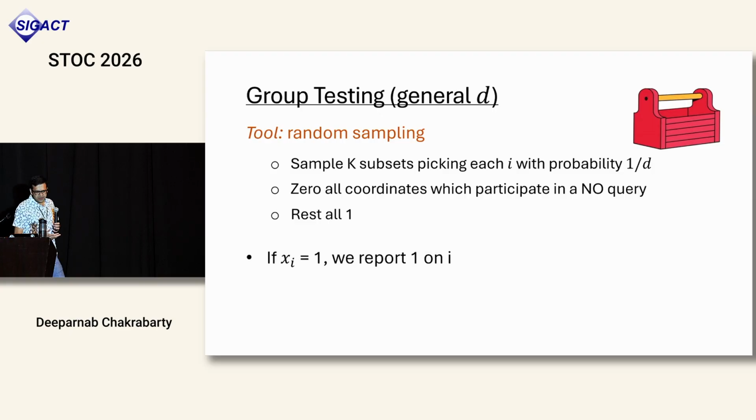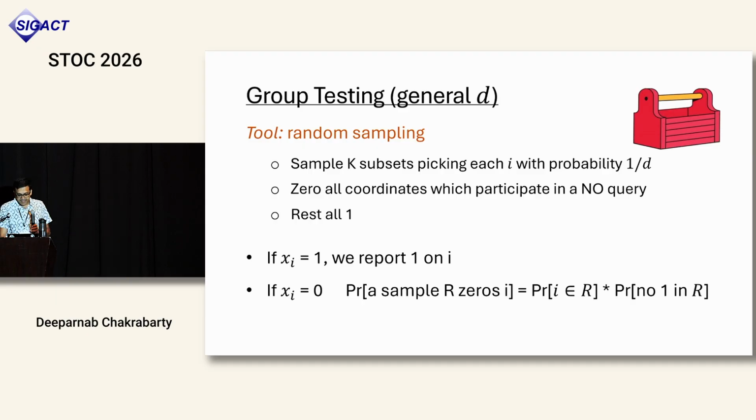So there are no false zeros that are reported. If xi is equal to 1, we report 1. We'll never report something which is defective as non-defective, because it will not participate in that no query. And if xi is equal to 0, well, let's think about it.